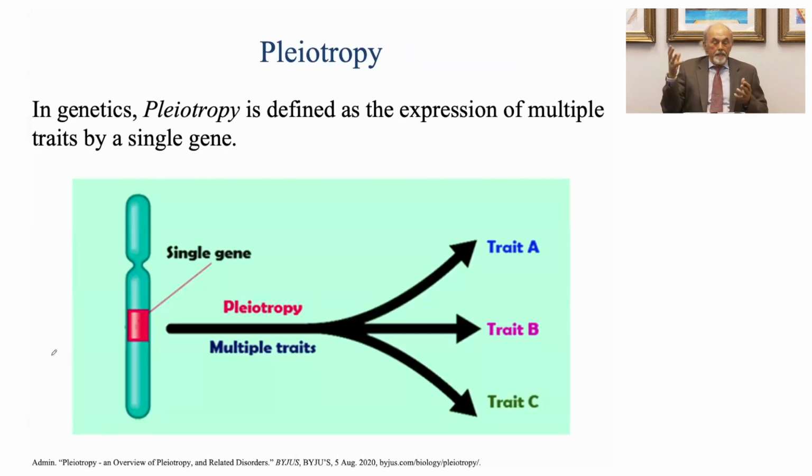I'm going to introduce a vocabulary term, but we need to talk about, just to make sure we're getting a comprehensive picture here, pleiotropy. The genetics on this pleiotropy is defined as an expression of multiple traits by a single gene. What we know, just in passing, is that it's not uncommon.